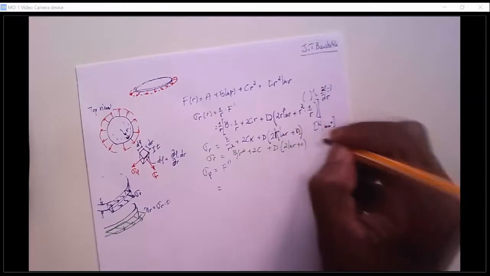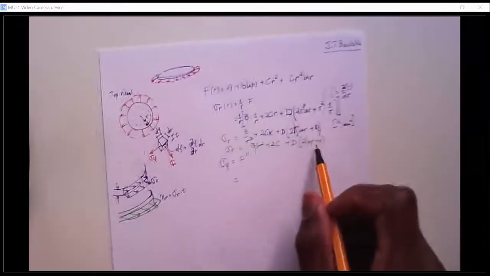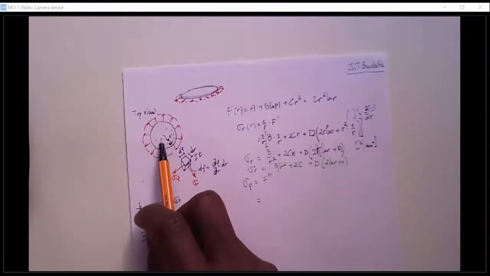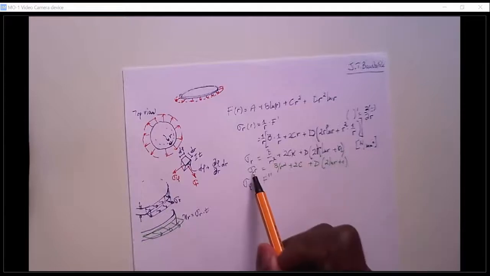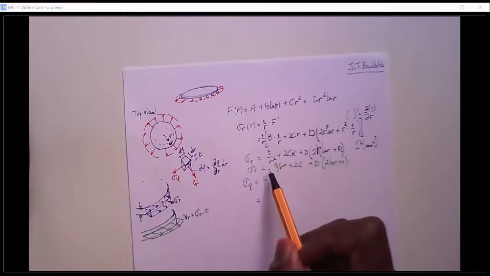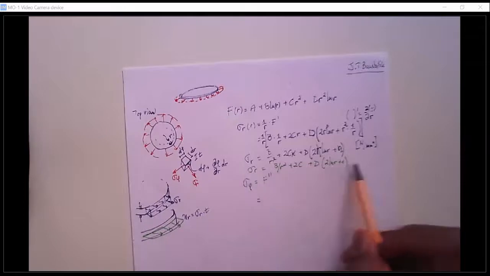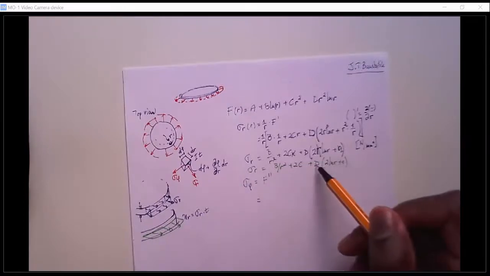plus 1. I think here you can see already that if r is 0, for example, if we want to figure out what the radial stresses are in the center of the disk, because of the ln r here, we're going to have minus infinity, meaning that the stress will be infinite. Okay, and we want to have finite stresses, so this constant here needs to be 0.